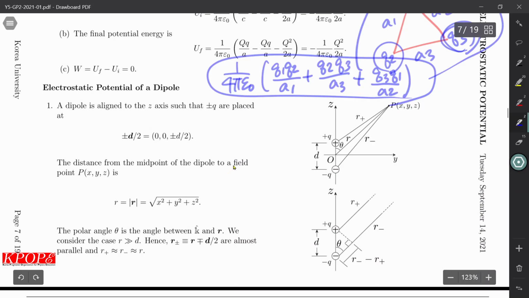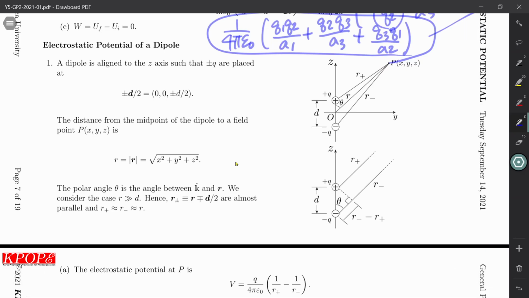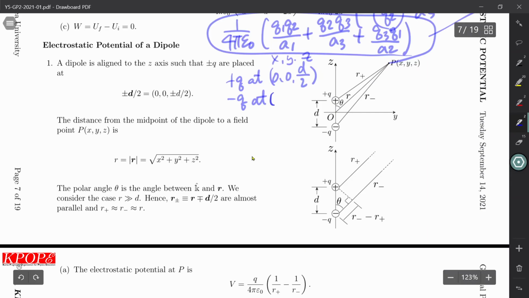Let us compute the electrostatic potential of a dipole. The electrostatic potential of a dipole can be computed by simply adding the two contributions. One contribution due to the positive charge, and the other contribution due to the negative charge. We assume that plus Q is at 0, 0, half of d, and minus Q is at 0, 0, minus half of d.